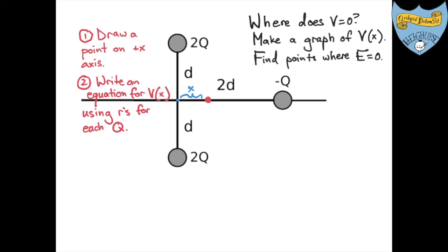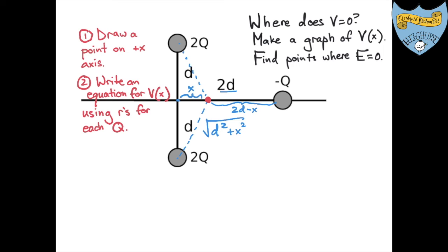Yeah, all right, we'll call it x. That's a good name. All right, if that distance is x, then the distance that each of the two q's is from it, because I made it symmetrical, is the square root of d squared plus x squared. All right, so far no problems. All right, and then the minus q, the total distance that this one is from the origin is 2d. So that means that the distance it is from my randomly chosen point is 2d minus x.